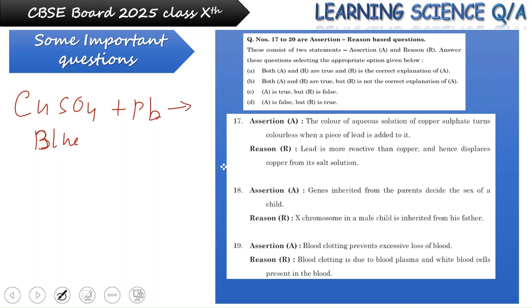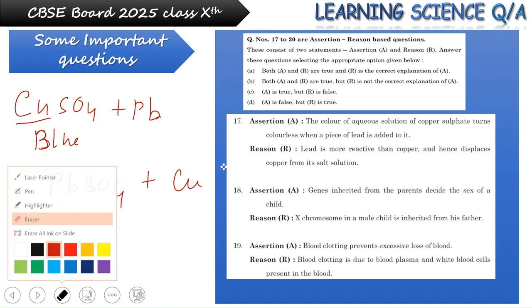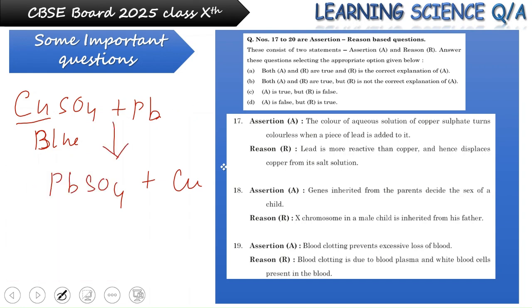So yes, this happens because copper gets displaced by lead forming PbSO4, and copper is present as it is. So reason here is lead is more reactive than copper, hence it displaces copper from its salt solution. Yes, assertion and reason both are true, and reason is the correct explanation for the assertion.